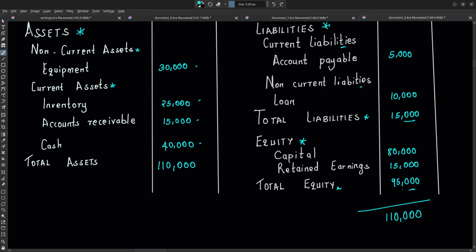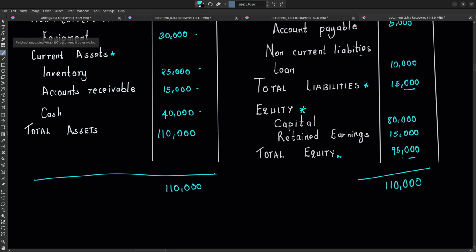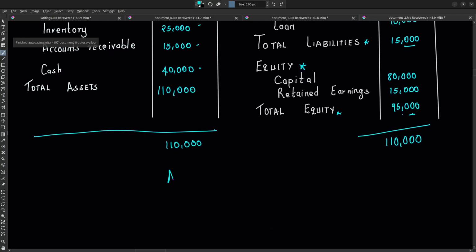That is going to give us 110,000. To know if your balance sheet is okay, the total for assets should be equal to the total for liabilities and equity. Recall the accounting equation, which states that assets of a business are always equal to liabilities plus equity at a specific point in time.